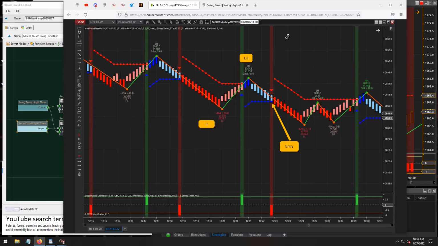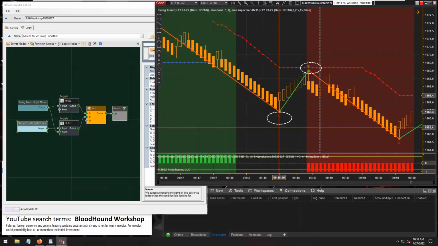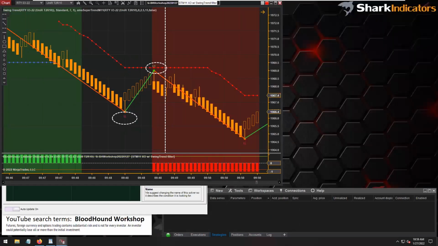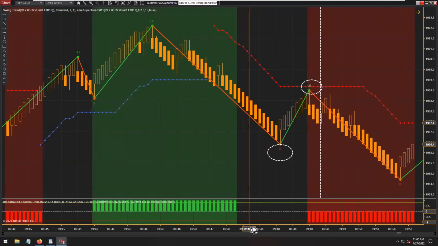Because the market could have kept on going and turned from a lower high into a higher high. The market could have kept on going, and we would have had this small period of a short trend. Let's see if we can find where we kind of get tricked.